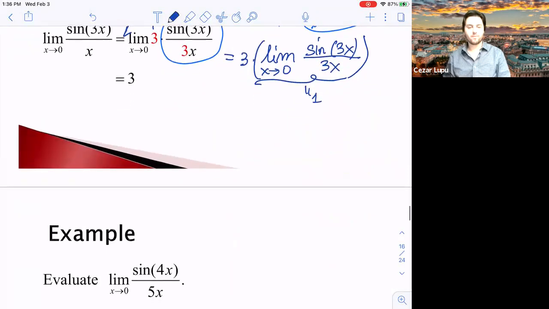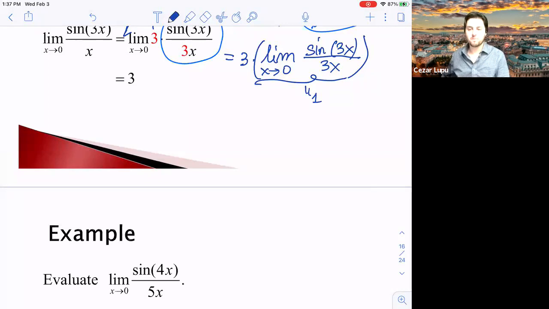Let's see another one. What do you think? A very similar one. So we would like to evaluate the limit as x approaches 0 of sine of 4x over 5x.